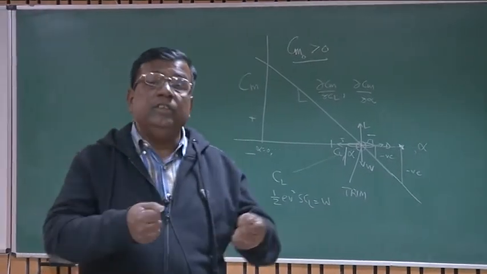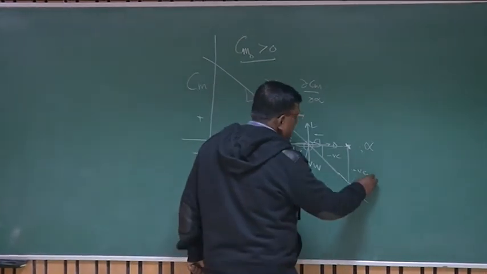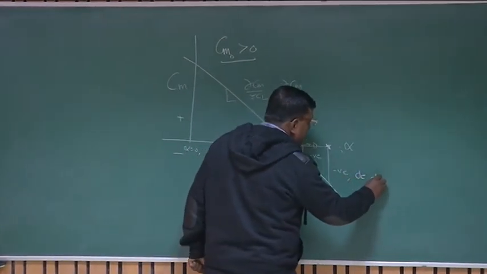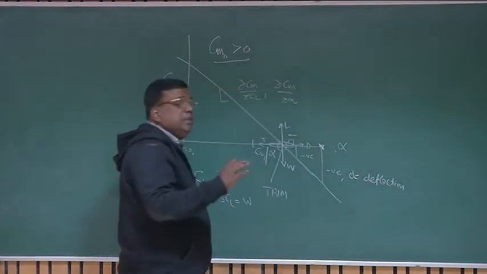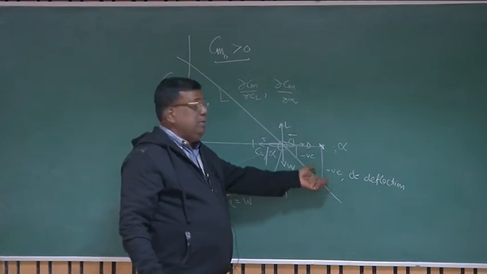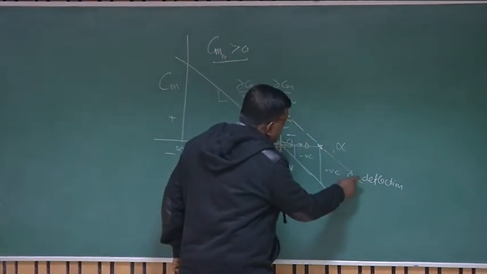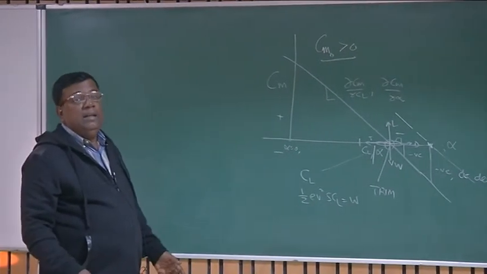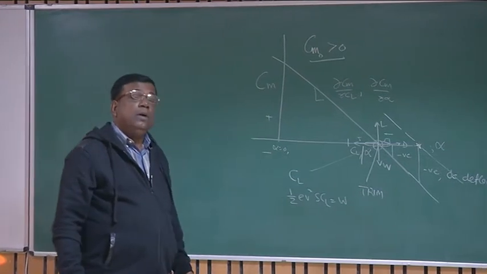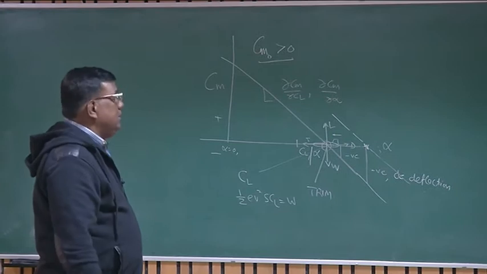So you have to forcibly nullify that, and that is where you give a delta E deflection in a manner that it generates a positive pitching moment and nullifies this negative pitching moment, and you can draw the line to be something like this. That is the control part. I am talking about elevator only. The same thing will be true for a rudder and aileron, you will see when the lecture progresses.